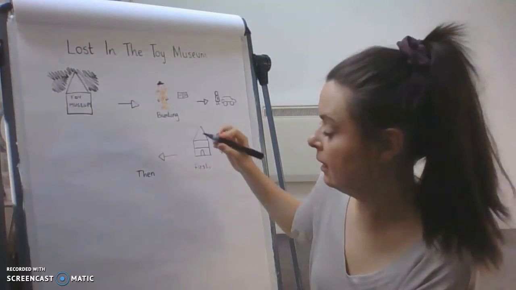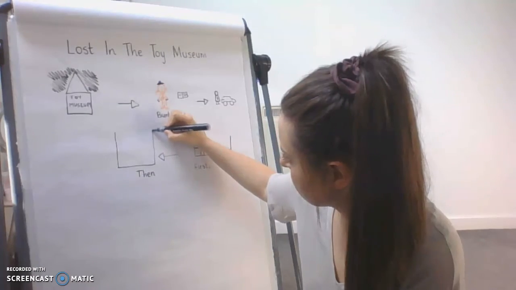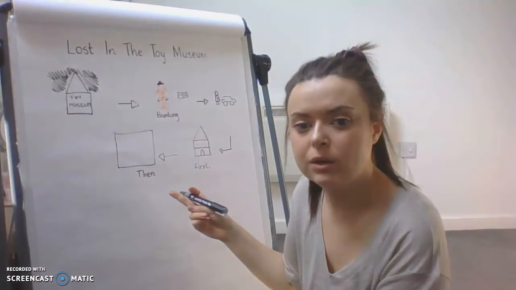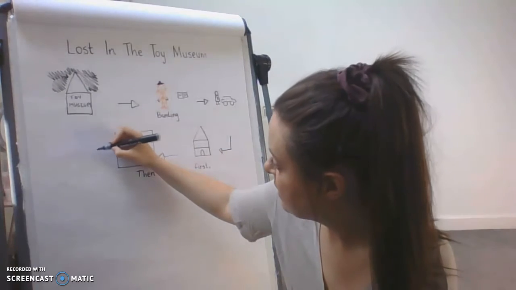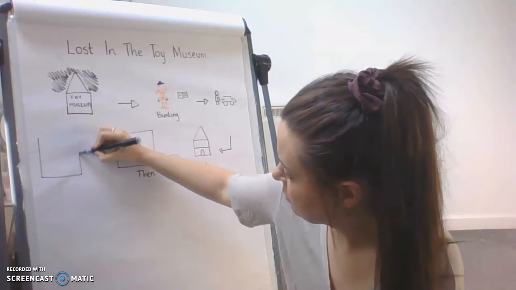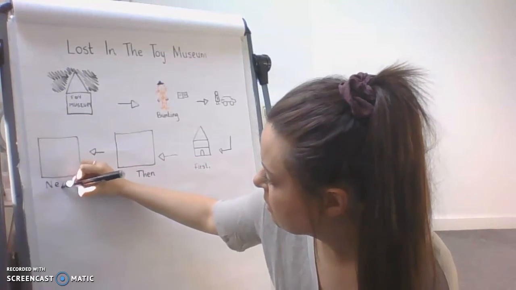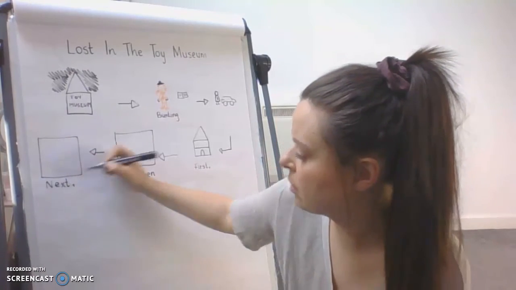I'm not going to draw this part, I want you to do it yourself. So then where did he look? Next, so I'll use these keywords for you, because these are the keywords that I want you to include on your story map, okay?